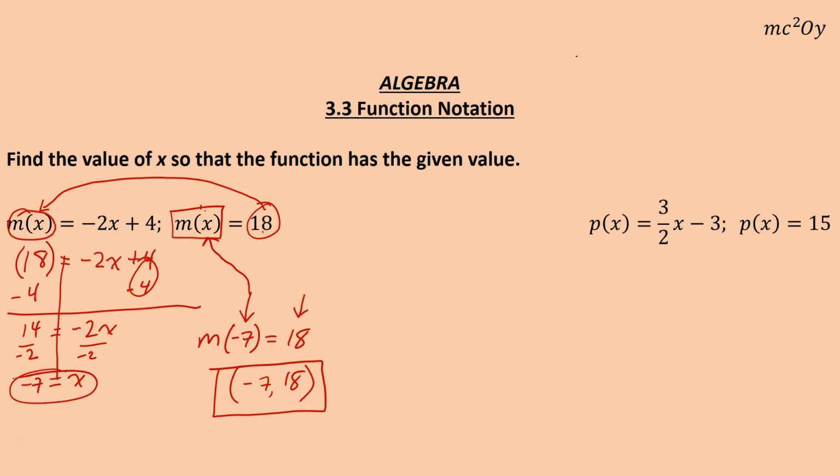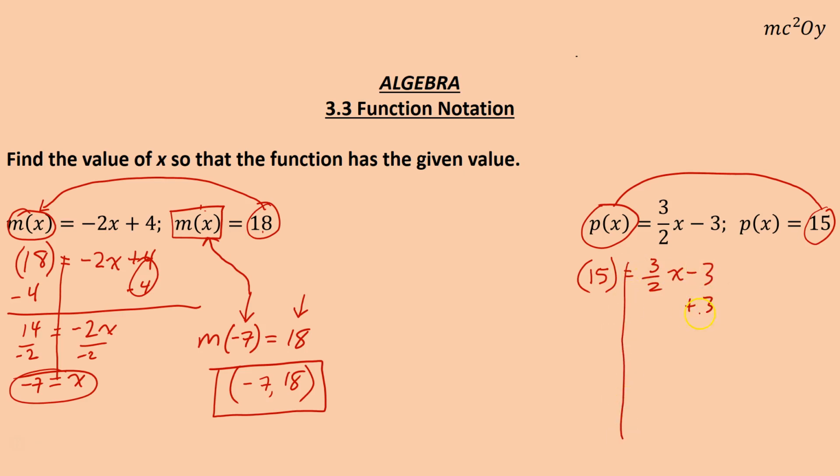But anyway, this next one, p of x is 15. So we're going to substitute 15 in for p of x. It replaces. I like to show my substitution like that. 3/2 x minus 3. And then I go ahead and add 3 to both sides. So I get 3/2 x is equal to 18.